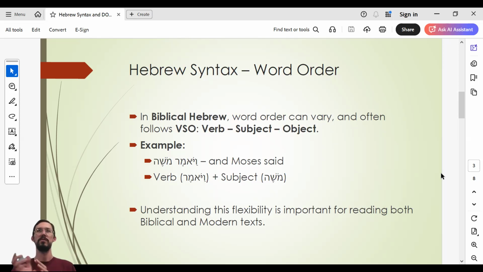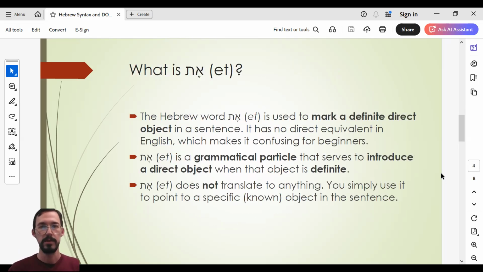But if you're following the order, it's Vayomer, and said Moses. When we translate, that's how we would follow the SVO, subject, verb, object.